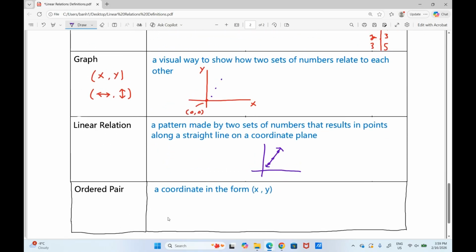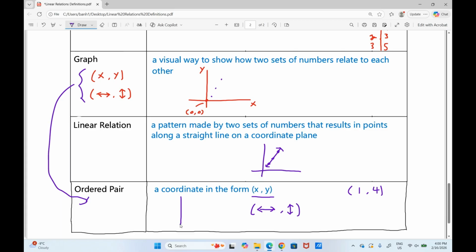Now the last one is ordered pair. I kind of talked about it briefly over here. But an ordered pair is in the form of X comma Y. And again, X is horizontal, meaning we go left to right, and Y is vertical, so we go up and down. So when we plot something, let's say I had the point 1, 4, right?